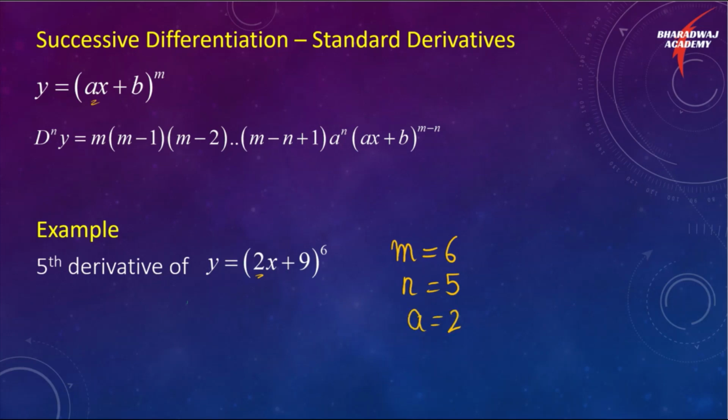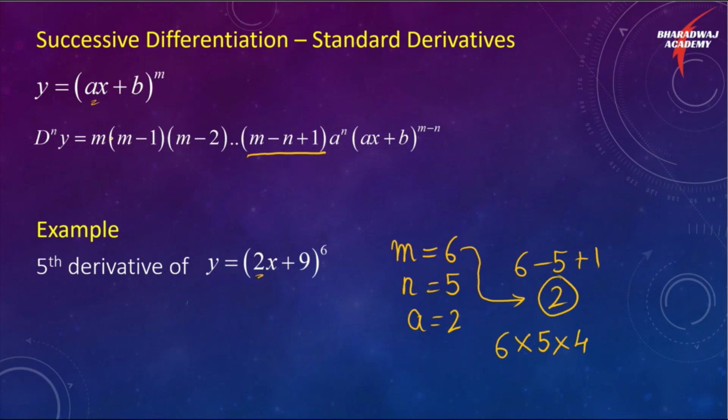The most important thing here to understand is this particular term. So m minus n plus 1, that is 6 minus 5 plus 1, gives me 2. The significance of this 2 is that it tells you up to where you need to stop going from 6 to this number. Like you need to proceed from 6 to 5 to 4. Why?